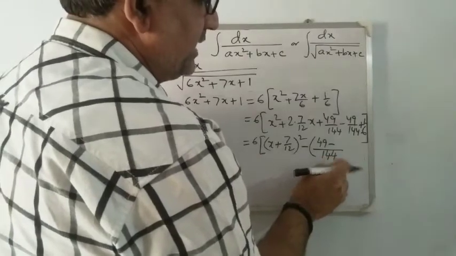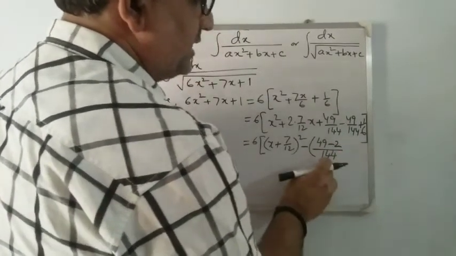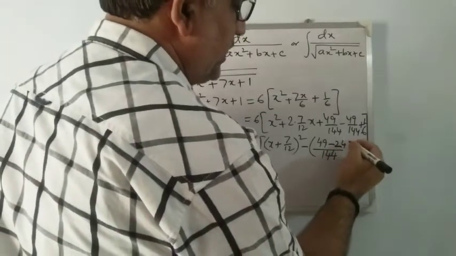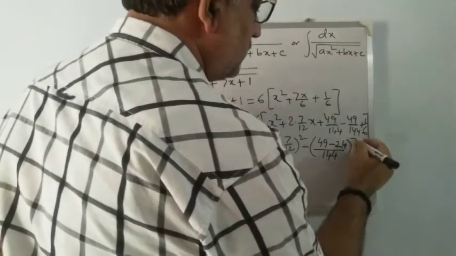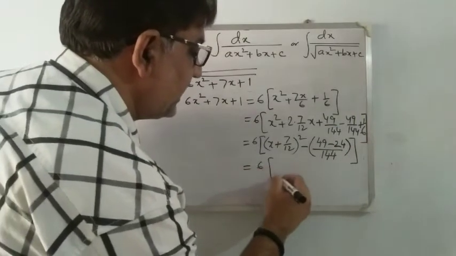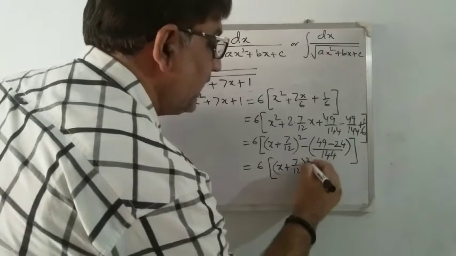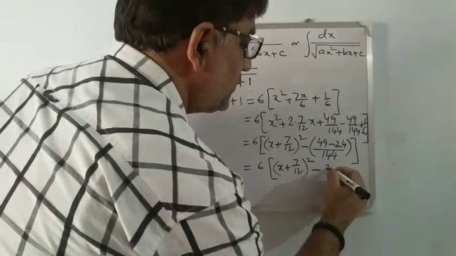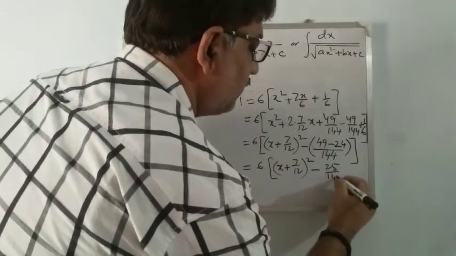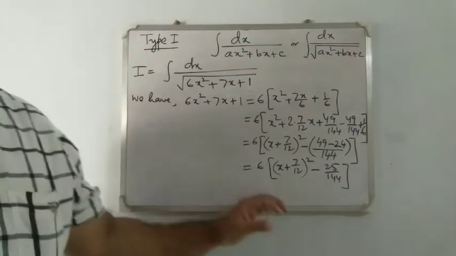And then here you will get 6 twos are 12, that is 2, 6 fours are 24. So what happens? You will get 6 in the bracket x plus 7 by 12 whole square and minus, here you will get 25 by 144. So this result you are getting after making it a perfect square.